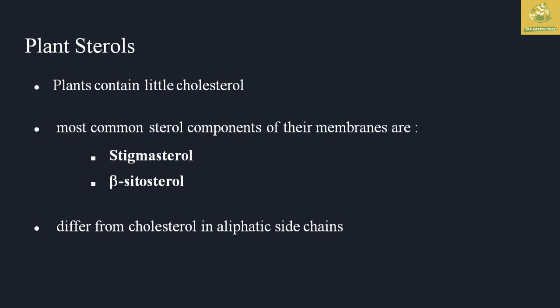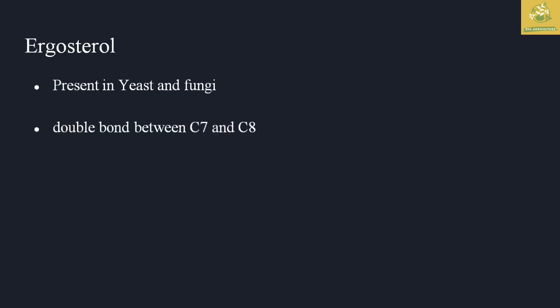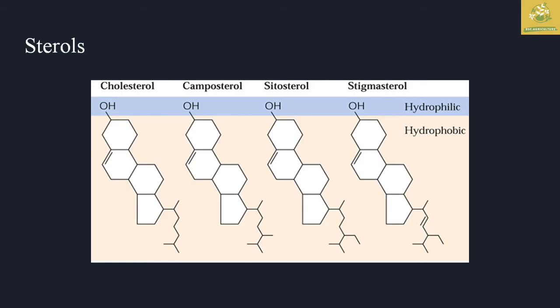The pictures of stigmasterol and beta-sitosterol are given in this slide. Next is ergosterol, which is present in yeast as well as fungi. It has a double bond between carbon 7 and 8.